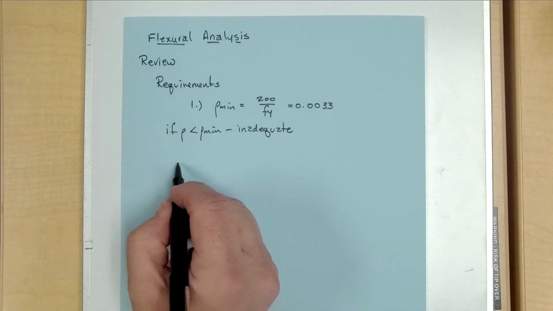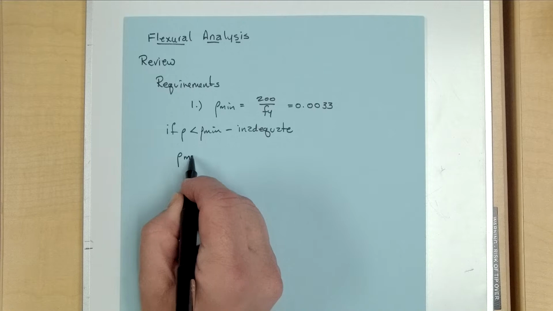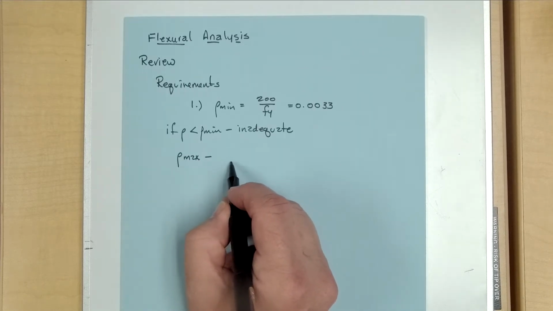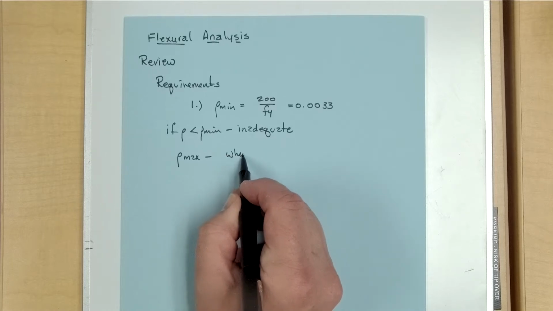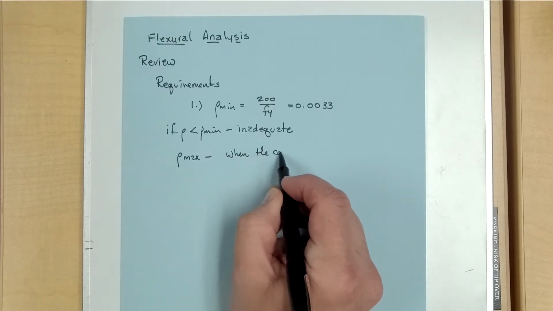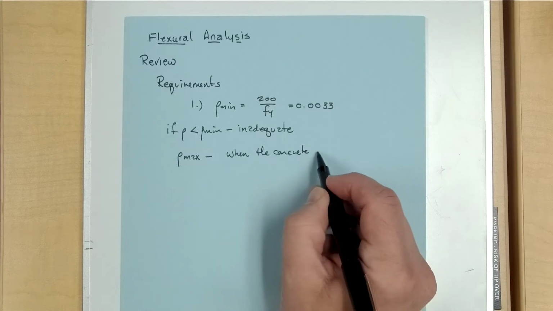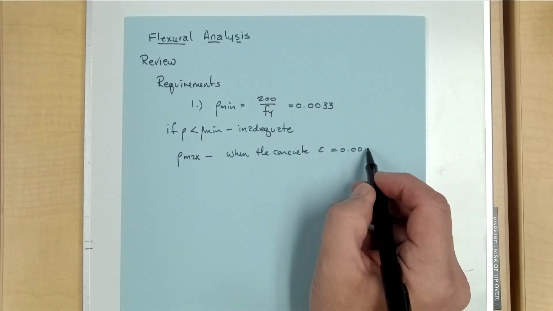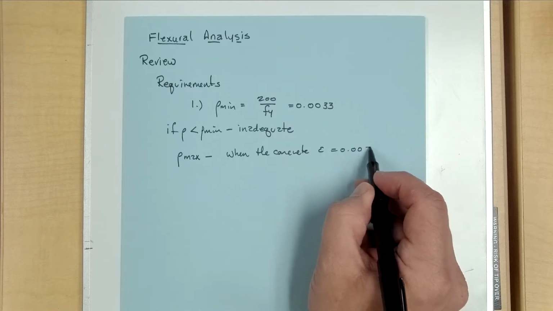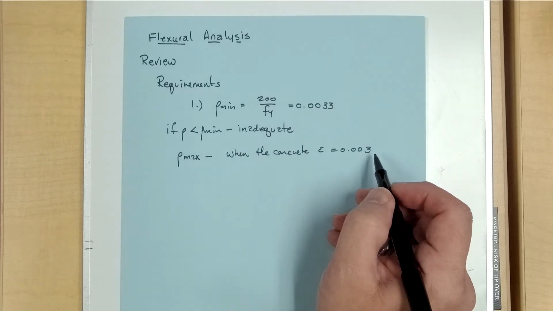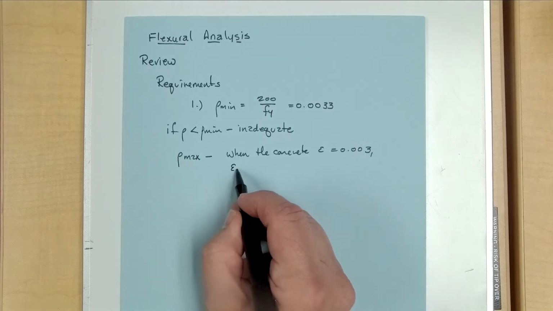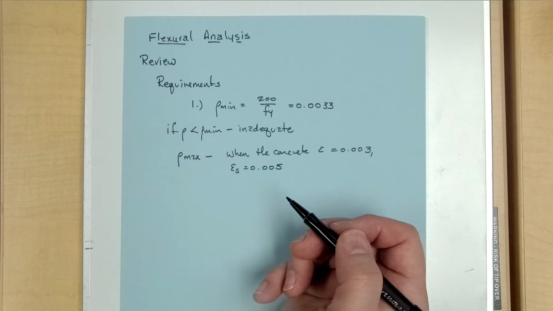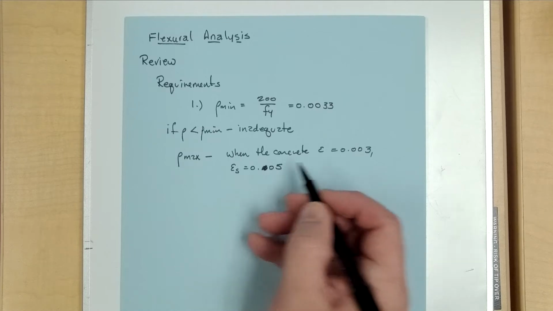The second is we have rho max. The condition for rho max is when the concrete strain is 0.003, the strain in the steel is 0.005.